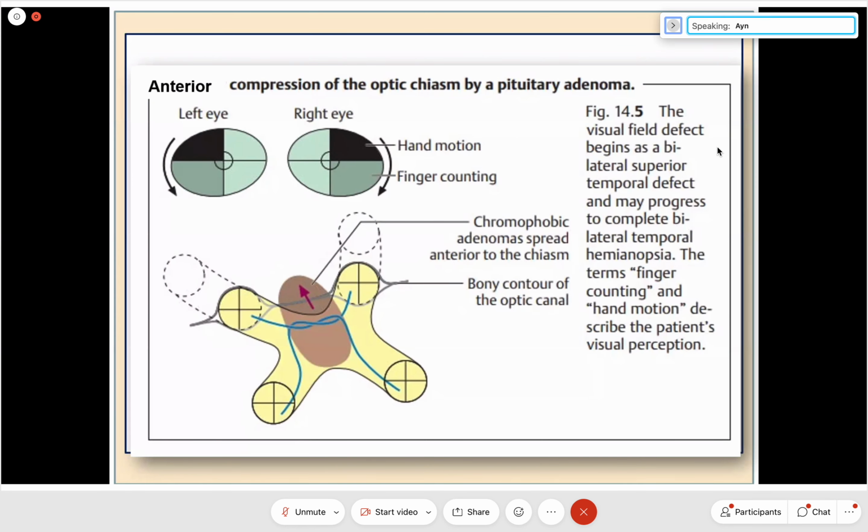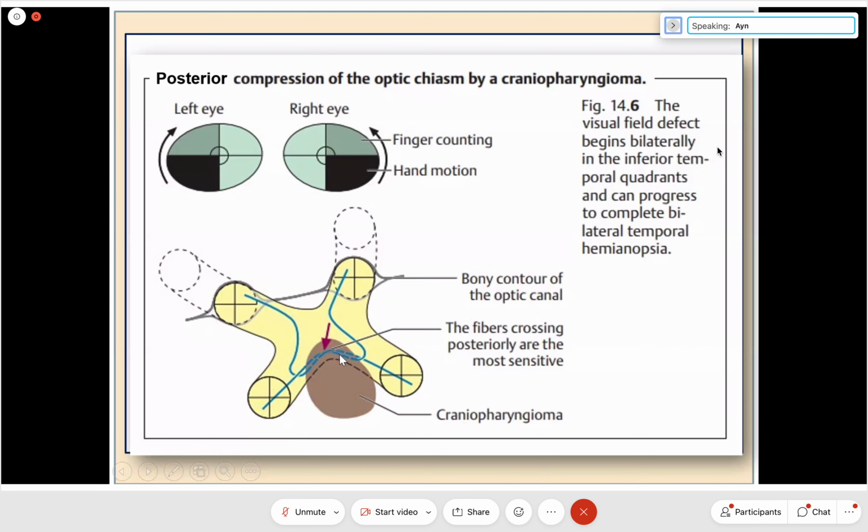But at an early stage, or in case it is not compressing the center of the chiasm totally, like in this case, a post-fixed chiasm, when the compression is at the anterior part, as I mentioned just now, the inferior nasal fibers cross anteriorly. So the patient may get only bitemporal superior quadrantanopia, because only the inferior nasal fibers are being compressed. The posterior is still okay.